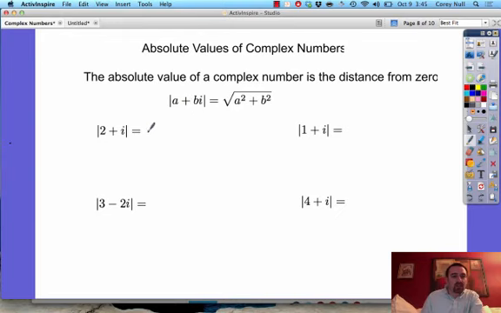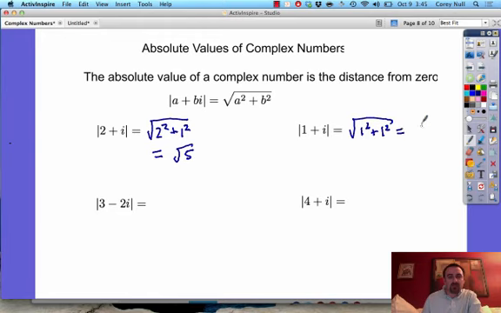So I'm going to take the square root of 2 squared plus 1 squared. We don't include the i in this. This is going to be the square root of 5. This one over here, it's going to be the square root of 1, that's the real part, plus 1, that's the imaginary part, squared, square root of 2.